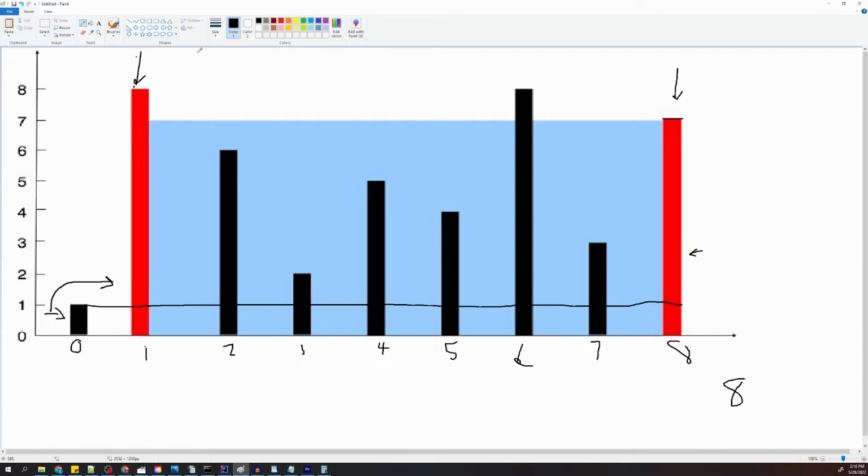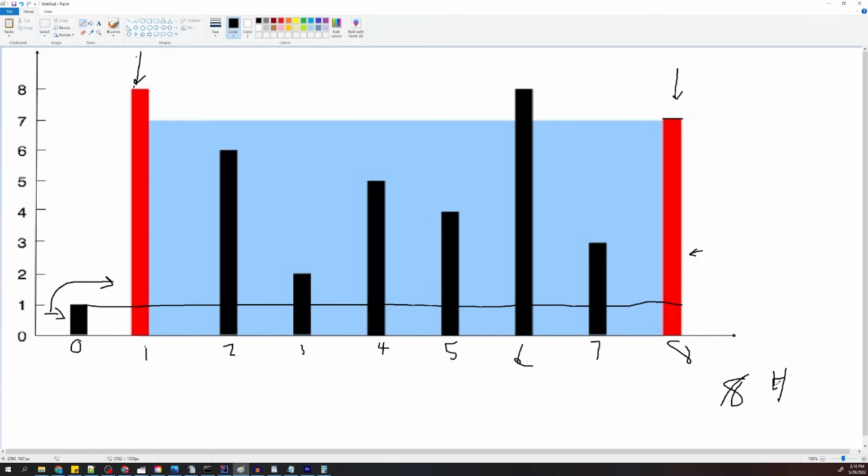If we try and fill it up to the taller one, the water is just going to keep flowing out over the shorter side. So again, to find the area here, we take the height, which is 7, and 8 minus 1, which is 7. So 7 times 7 gives us 49 for the area here, and so 8 is no longer the maximum area.